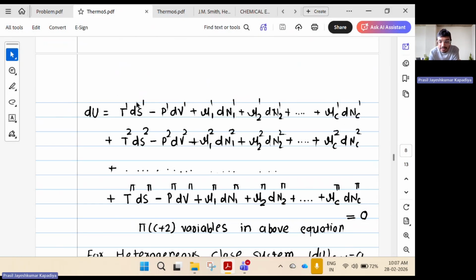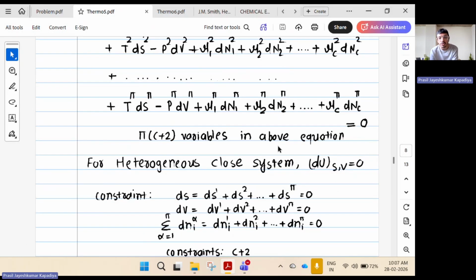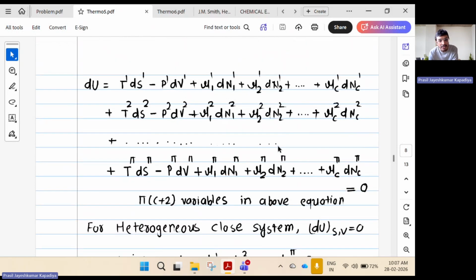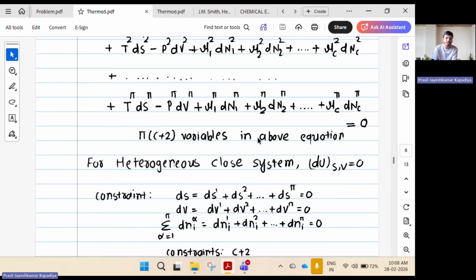These relations hold for a total of pi phases, so there are total pi equations, 1, 2, 3 up to pi. So we are having total pi into (C plus 2) variables in this equation. And for this heterogeneous closed system, this dU should be equal to 0, as we defined.